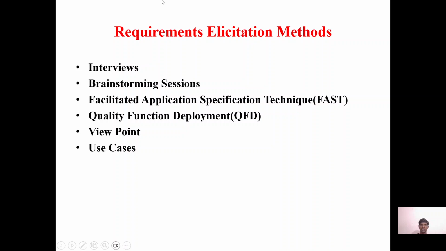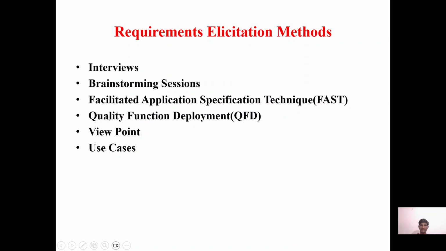Next is the brainstorming session. It is a group technique used to generate a lot of new ideas. It is a platform to share views. Every idea is documented so that everyone can see it. Finally, a document is prepared which consists of a list of requirements from the customer, and it is prioritized.